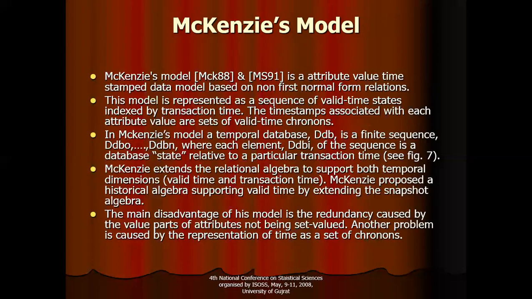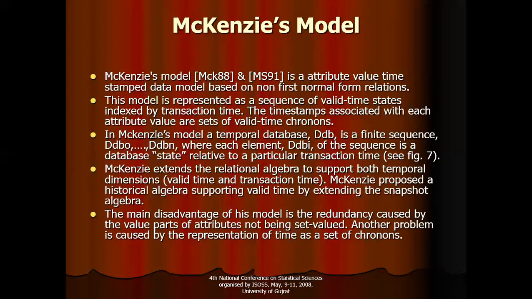McKenzie proposed a historical algebra also, because whenever we deal with the operators, we have to come out with the algebra. Algebra means operations. So we have to define all those operations which are related to it. In the classical relation models, we have limited operations. So whenever we move towards the temporal dimensions, we have new operators as well.